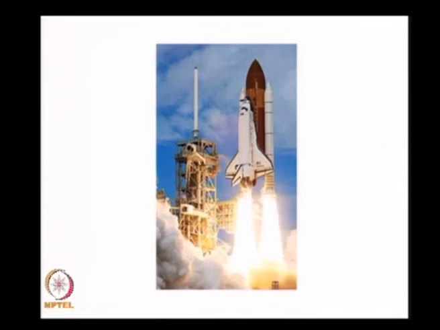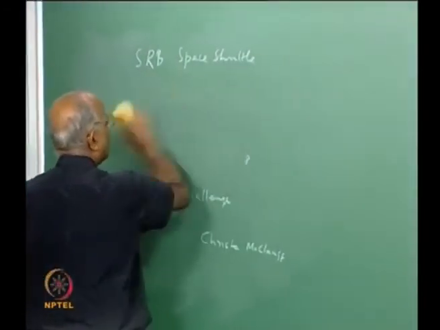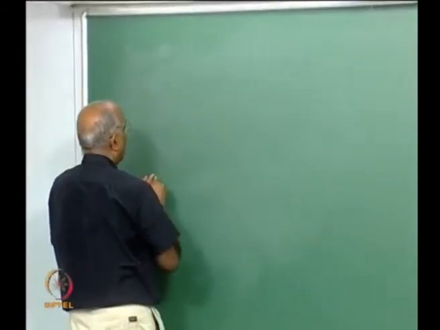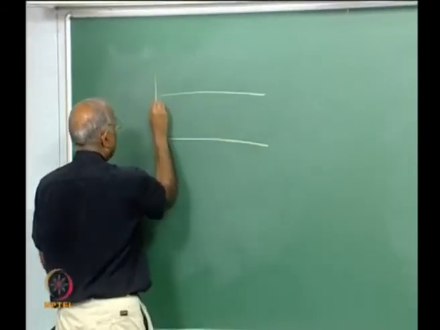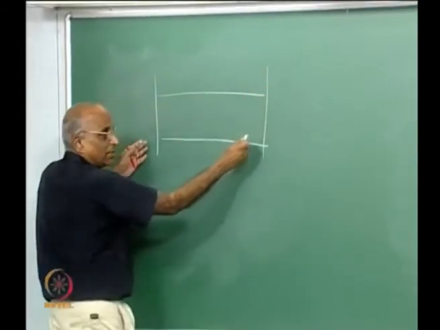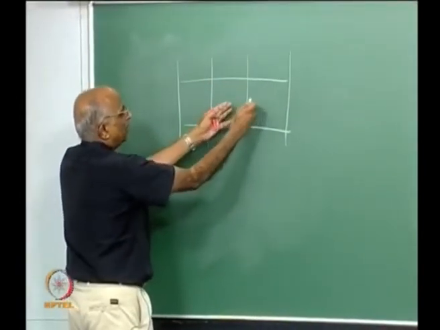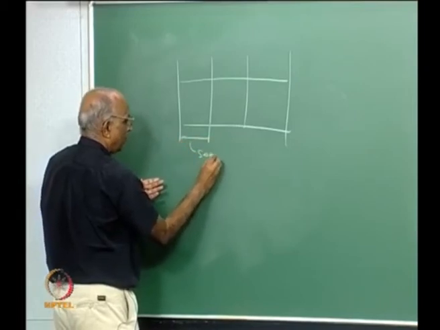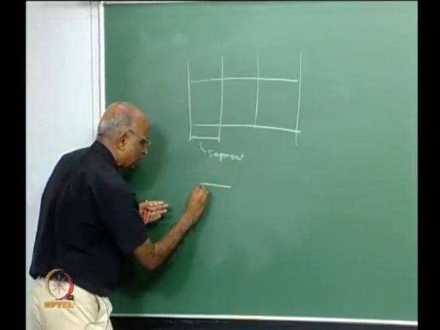Whenever we have these huge boosters, how do we make the construction? It is very difficult to have an entire motor or entire grain cast together. We make it into blocks and then assemble them together. Each block is known as a segment, and therefore you make small segments.